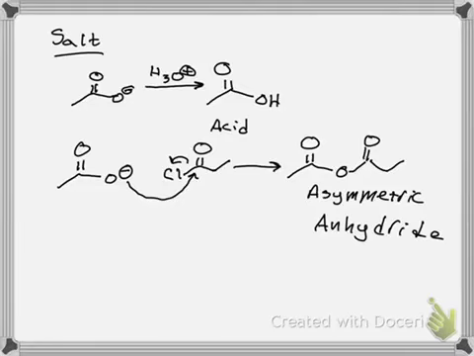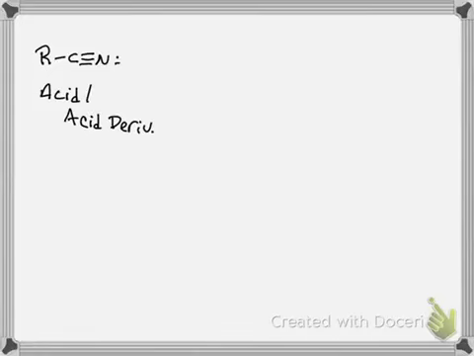So now what I would like to do is start talking a little bit more about the nitrile. This fits in the acid and acid derivative family, because most of the reactions, when you do a reaction on a nitrile, tend to go towards making acids, salts, and if you're really slick, occasionally an amide.